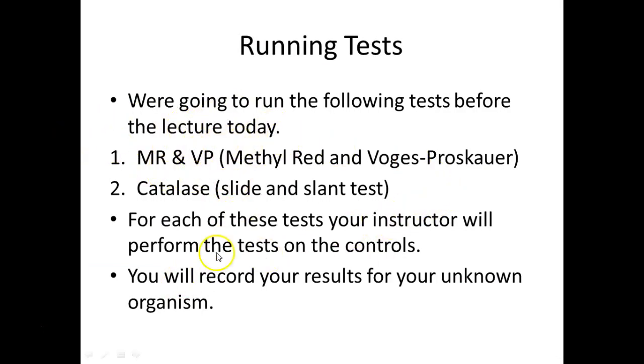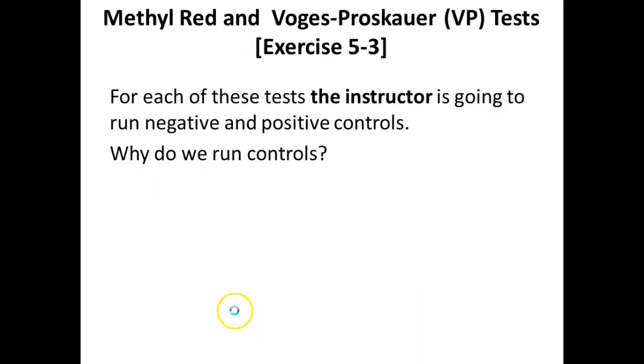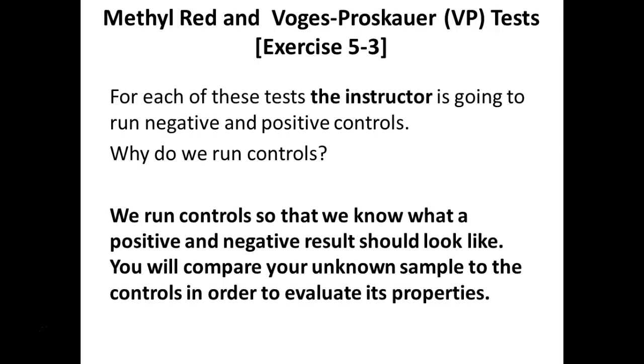So we've already done this. And for each of these tests, the instructor is going to run negative and positive controls. Why do we do this? Yeah, to make sure that things are working properly, and also, especially for you guys, if this is the first time you're doing it, if you didn't have your book to see the pictures, to know what positive and negative controls look like, to have a comparison.